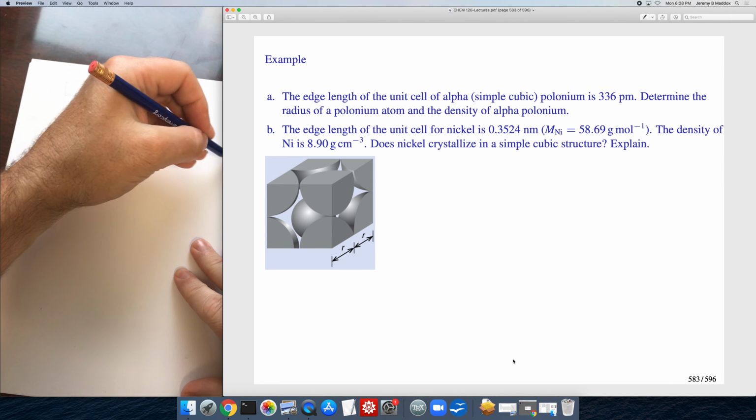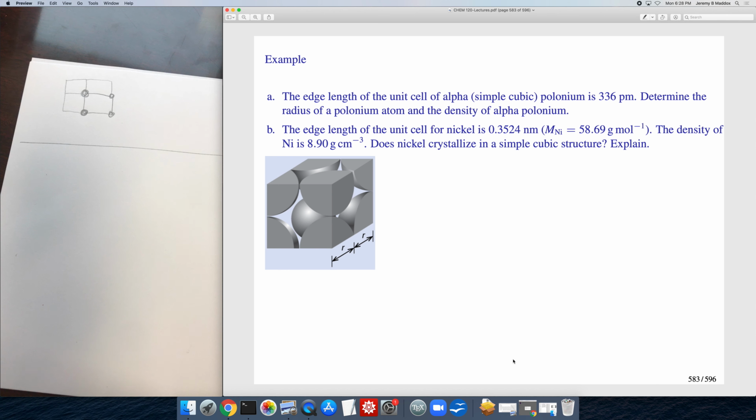Here in these problems, we're asked to do some calculations. We're considering a simple cubic crystalline structure for polonium. They tell us that the length of the unit cell is 336 picometers, and they want us to determine the radius of the polonium atom and then calculate the density of that substance. Here's a picture of the simple crystalline structure, and we know the edge length.